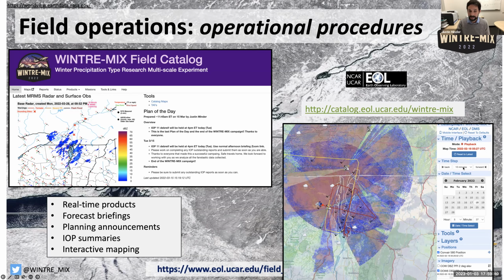And we also have this to look back at now that the field campaign is over. We can go back to this website and replay these maps, and look back also at our quick look products. These are quick images of some of the observations that we collected.